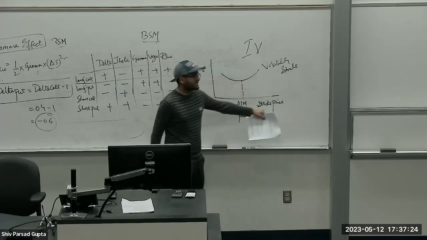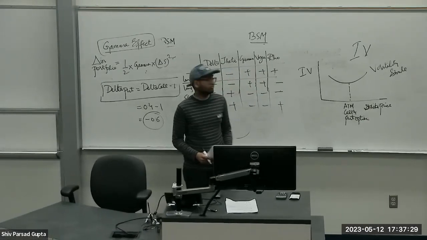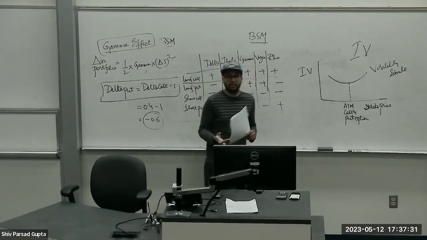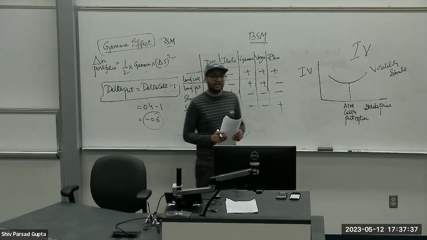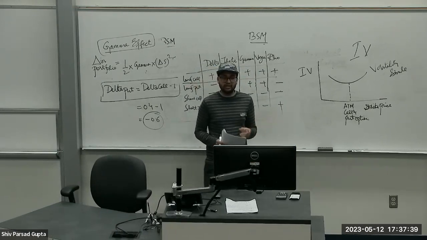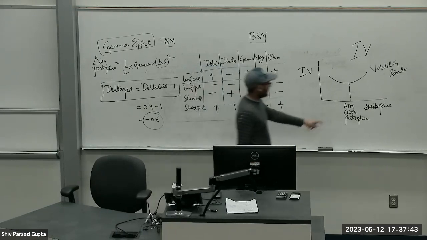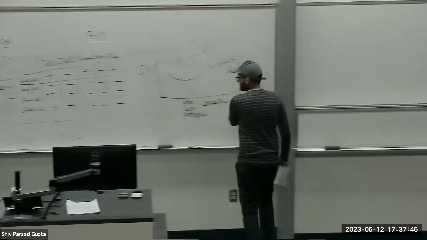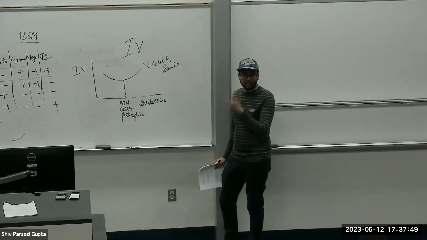If the strike price is higher, will the call option be in the money or out of the money? If S naught is greater than K, is the call in the money or out of the money? In the money, right? And as the strike price increases, K will be higher than S naught, and the call will be out of the money.